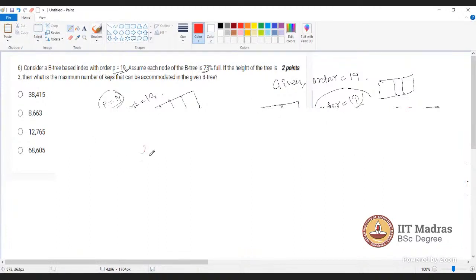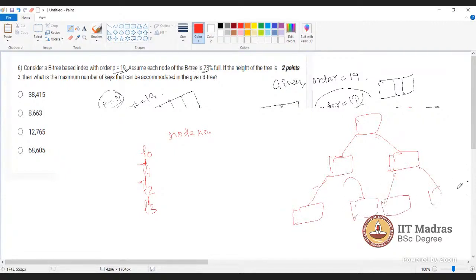So let me write: level 0, level 1, level 2, and level 3. You have to calculate up to level 3. Isn't it mentioned height is 3? Yes, height is 3, right? Can you tell what is the height of this tree?